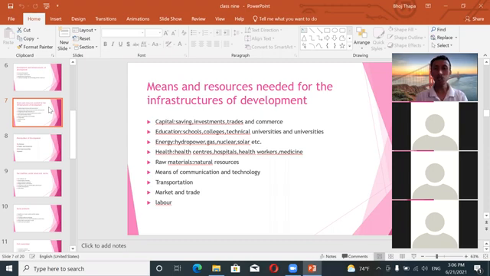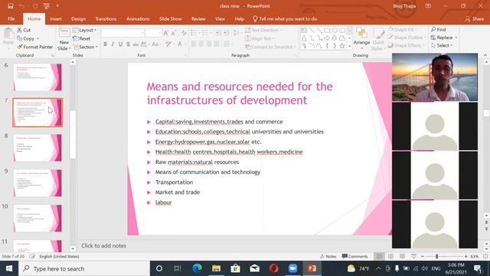Education is very important, and to develop education and promote its quality we need schools, colleges, technical universities. Energy, hydropower, gas, capital, health centers, raw materials, means of communication, technology, transportation, market and trade, labor: these are the things which are vital for the infrastructure of development.